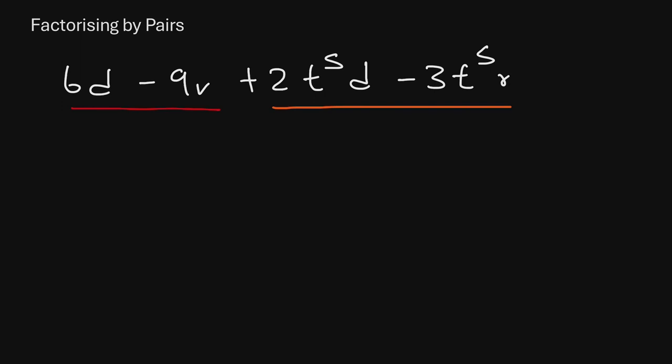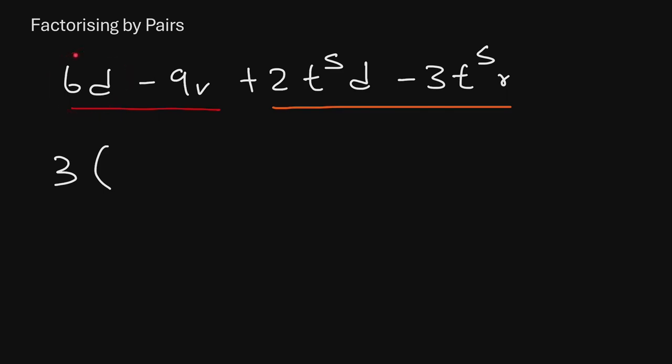After we have grouped the terms that have a common factor, we are going to take out a common factor in each group. Looking at the first group here, the common factor is 3. We take out 3 as a common factor. After you take out the common factor, you always say the first term divided by the common factor.